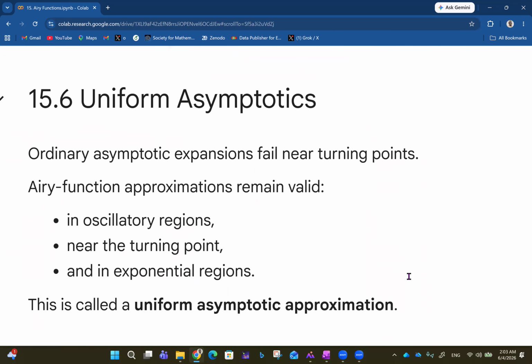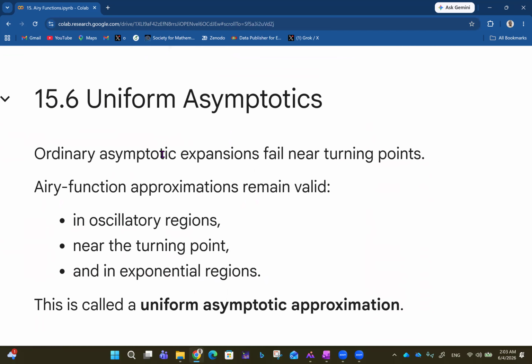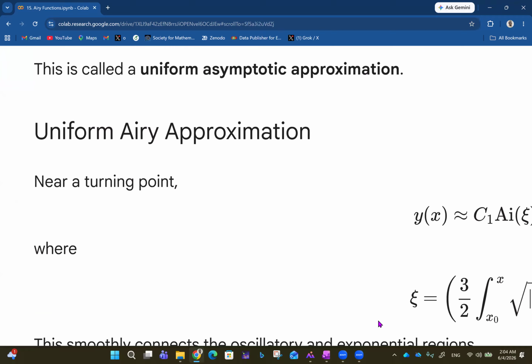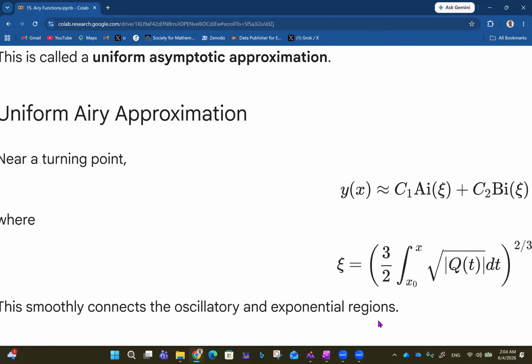Ordinary asymptotic expansions fail near turning points. All right. So Airy function approximations remain valid in oscillatory regions near the turning point and in exponential regions. This is called a uniform asymptotic approximation. So the uniform Airy approximation goes like this.